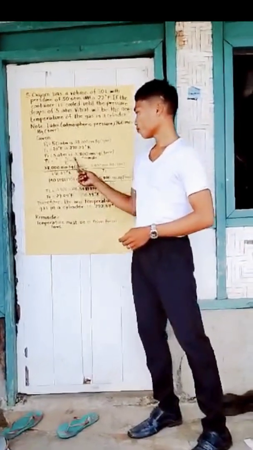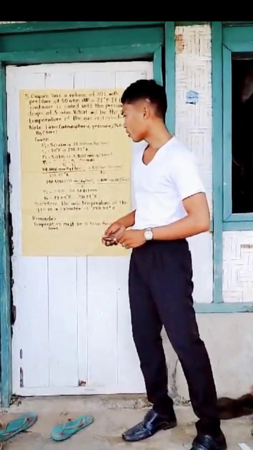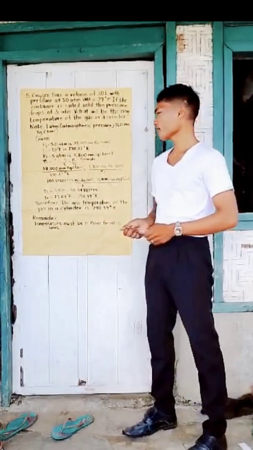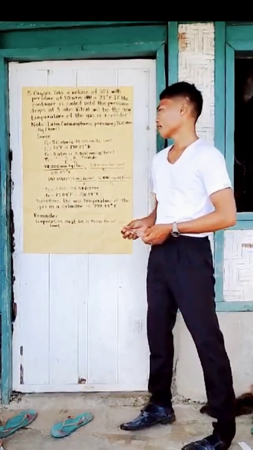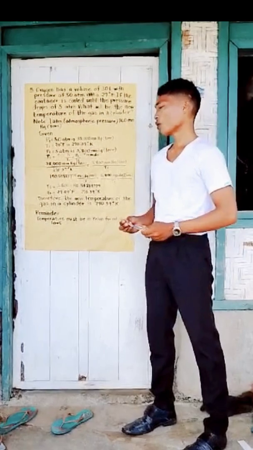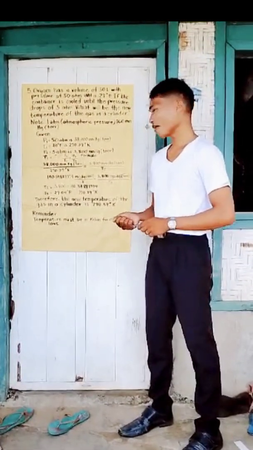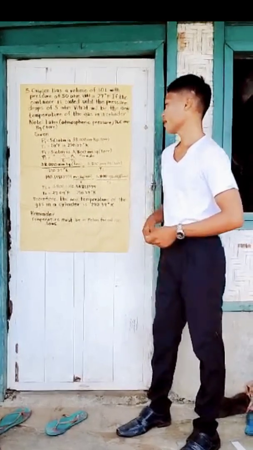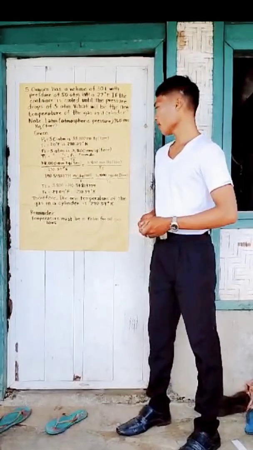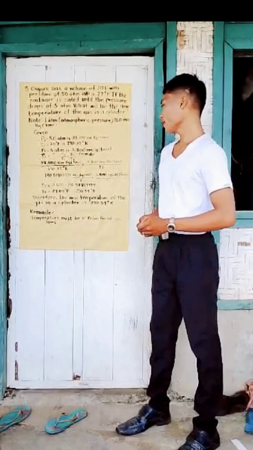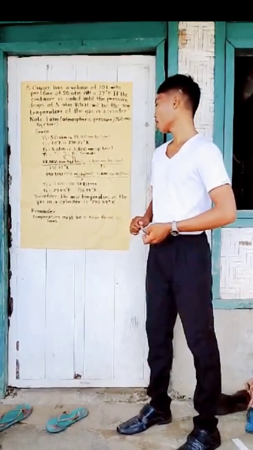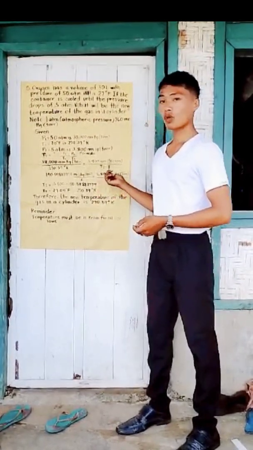So the equivalent of 38,000 mmHg torr over 270.37 Kelvin equals 3,800 mmHg torr over T2.